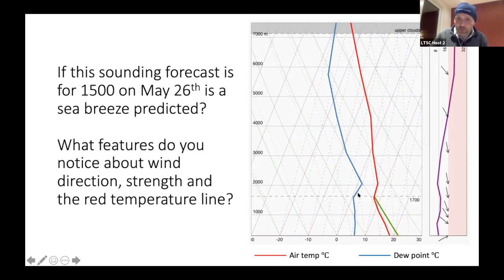So this will be a cloud base as well. You might get lower cloud formation where that goes up and meets a line. Again, it's explained in that article. I think it's the lifting condensation level from memory.